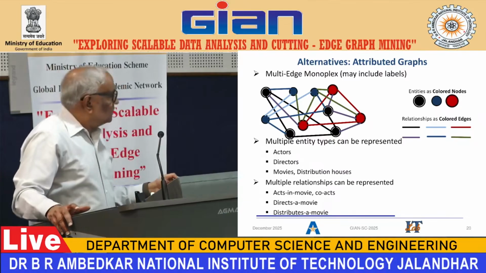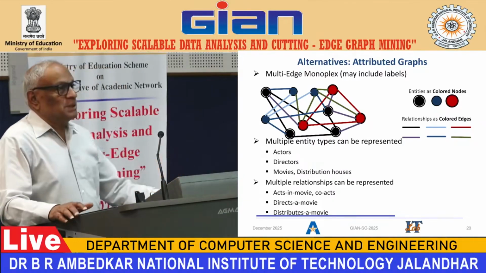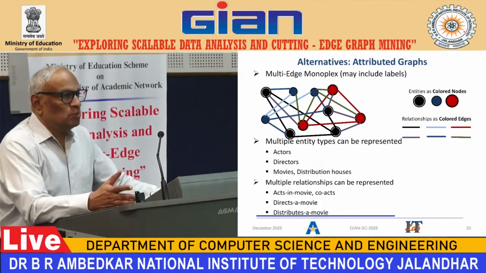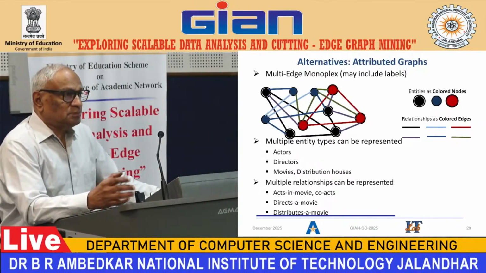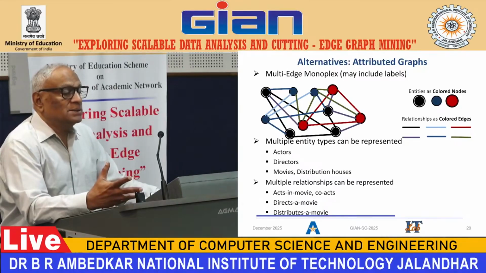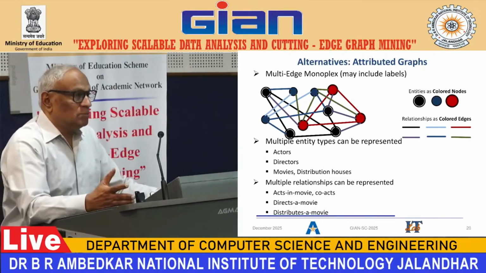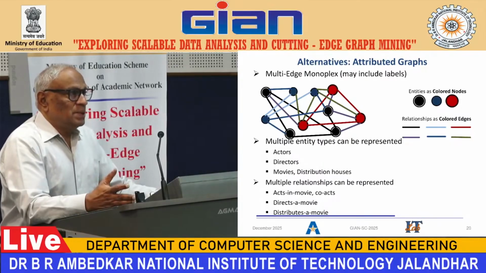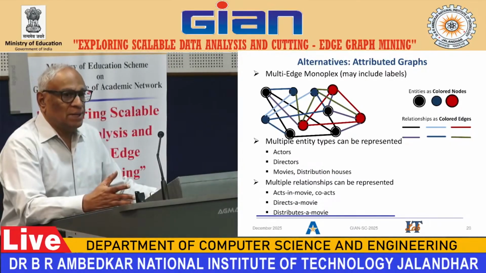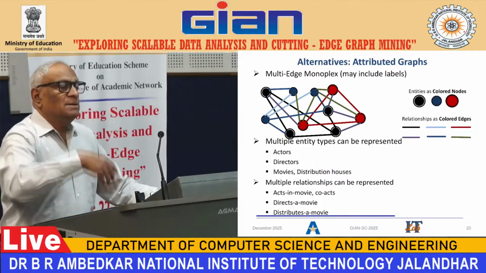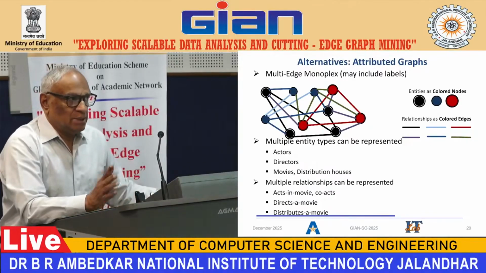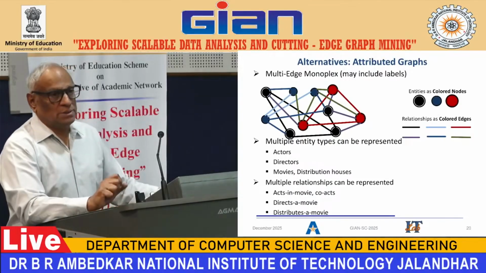You can see that this graph is complicated and the analysis also is more complicated, but it is more expressive. It can model things that the previous one could not model. Previous one could not model multiple relationships, multiple types of nodes, but this one can model it, but analysis is a different issue. Any questions?